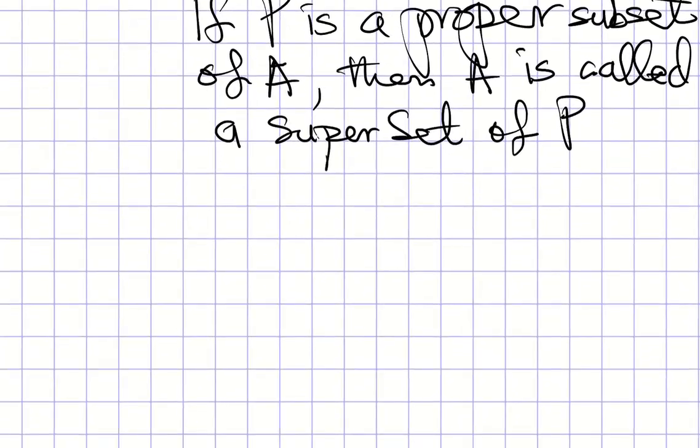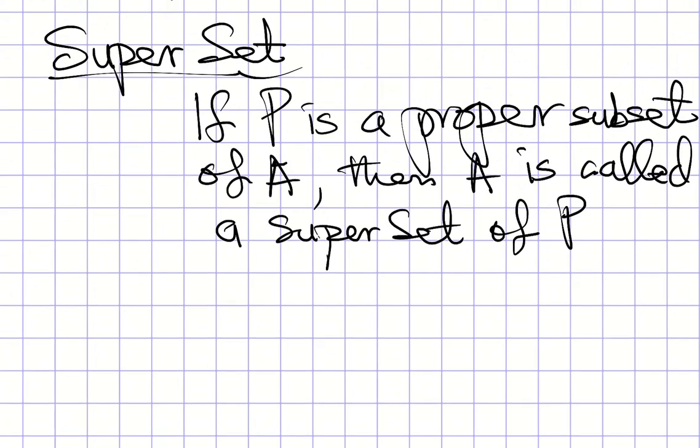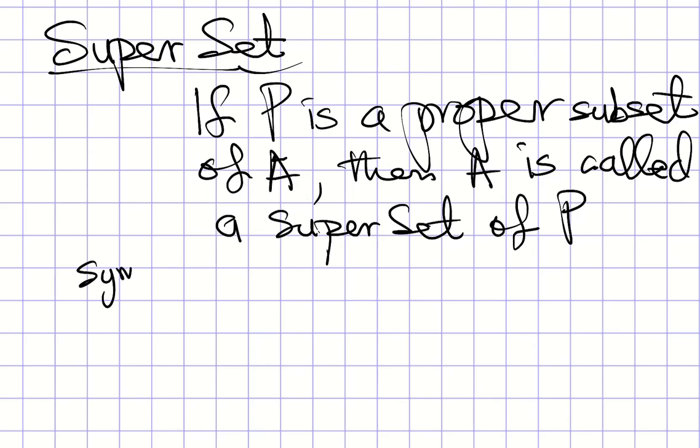Proper subset and superset go together. If you understand one, you understand the other one. And the symbol for this is this way. They say A like that is a superset of P like that.